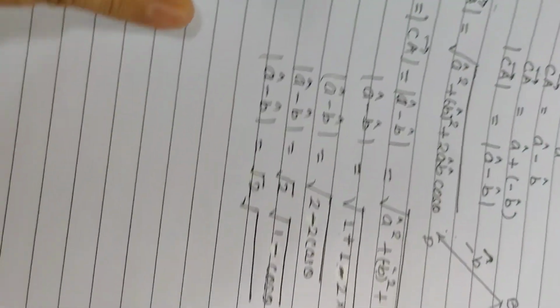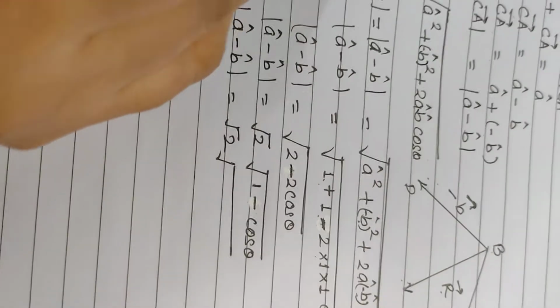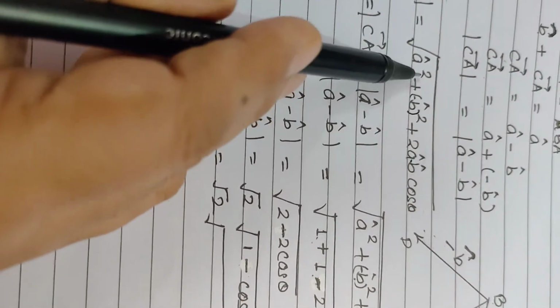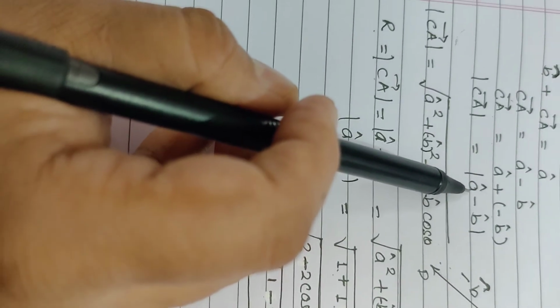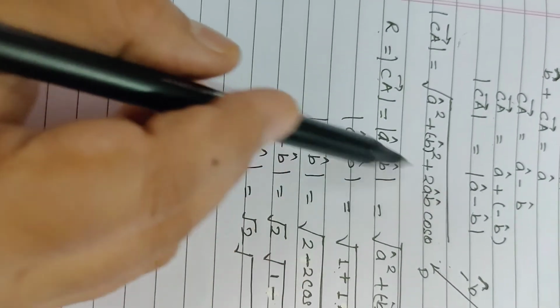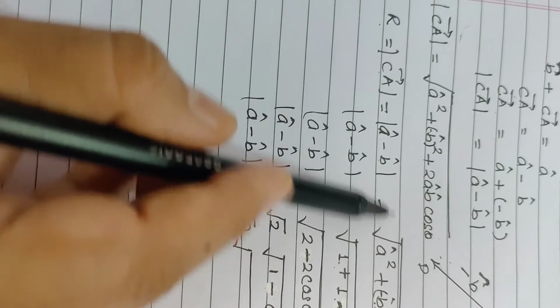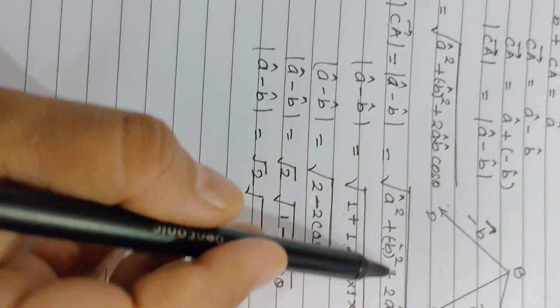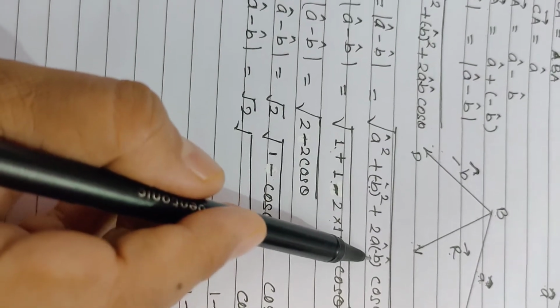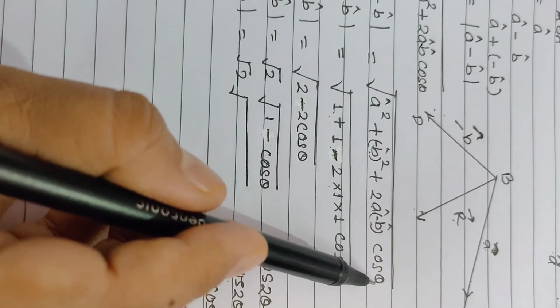CA is R, which we have represented as a cap minus b cap. Now a cap square plus minus b cap square plus 2 a cap minus b cap cos theta.